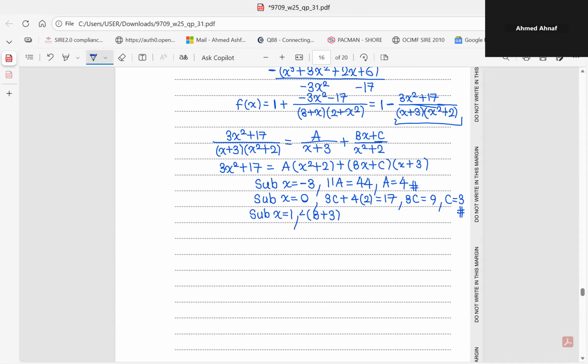That is 4, plus a. So plus 4 times 1 squared. So 1 plus 2, that's 3, equals 3 times 1 squared. That's 3 times 1. So 3 plus 17, you get 20.